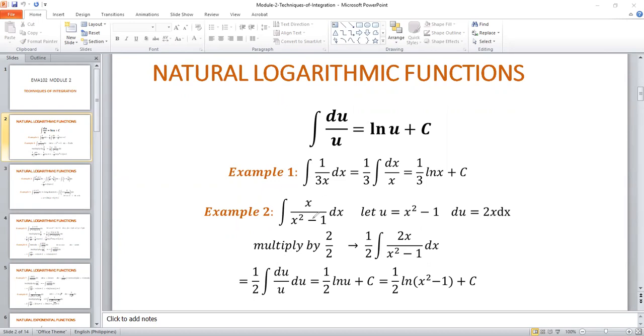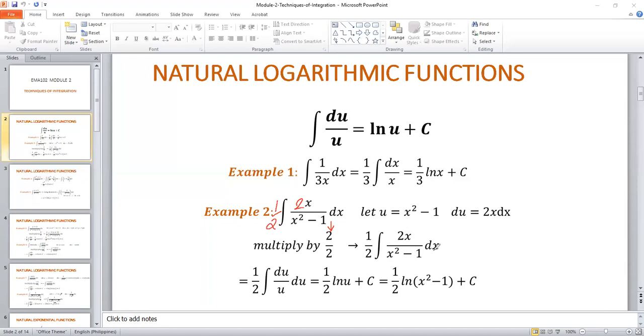Now, you already have an x in the numerator. So what you're going to do, you place a 2 here, and you place 1/2 outside. This is 2 over 2, which is just equal to 1. So this is an expression equivalent to your du over u. This is your u, and its derivative is 2x dx.